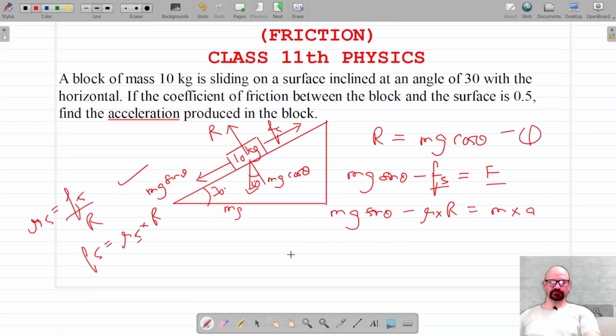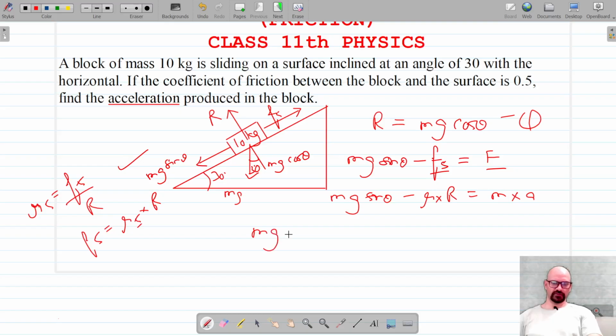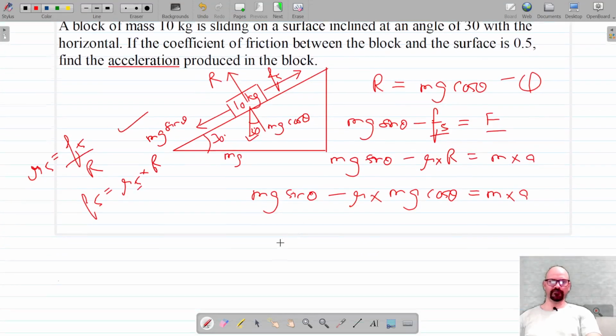Okay, now this is mg sine theta, and this is the coefficient of friction, R is mg cos theta, that is equal to m into a.